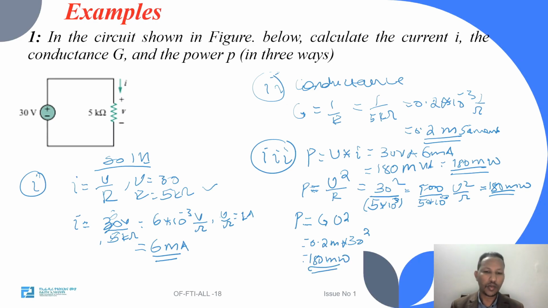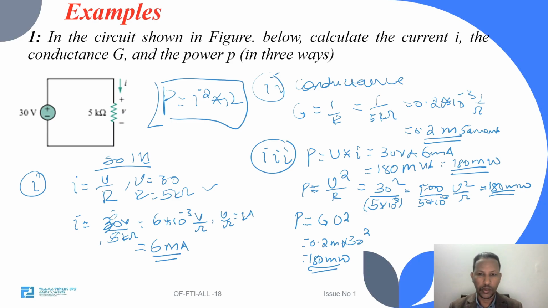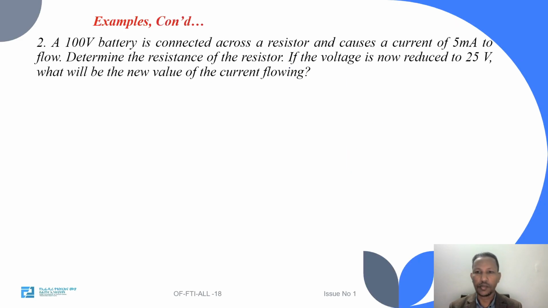Using this approach we can calculate the power, or we can also use P equals I square times R. So we have different approaches to calculate the power absorbed by the element.